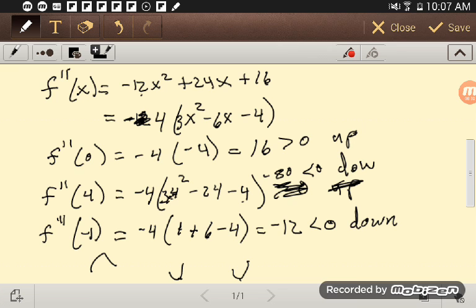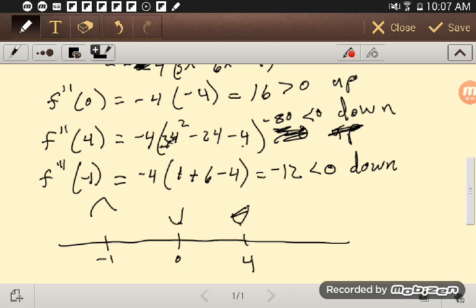So it's less than 0, it's down at 4. And life looks much better than that. And at negative 1, that should have been 3 times that. So instead of negative 12, we should have had negative 20. And there we go. Concave down. At negative 1, yeah, okay. 4 was down, yep, okay.